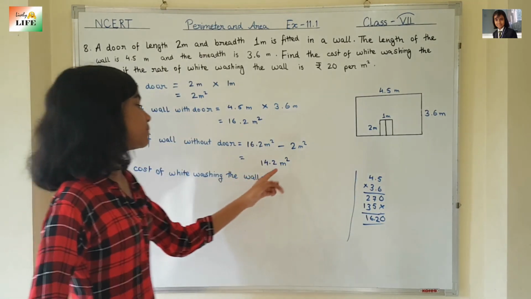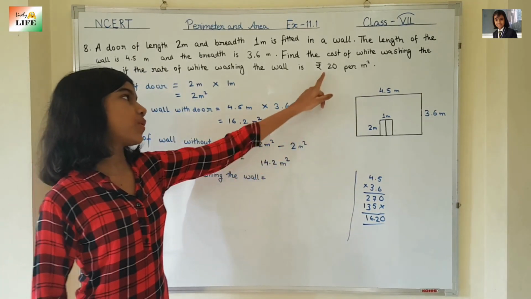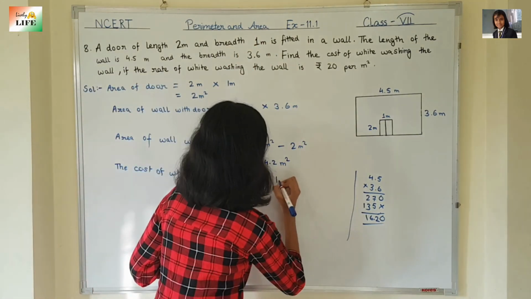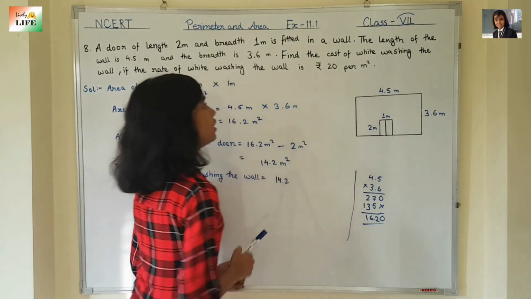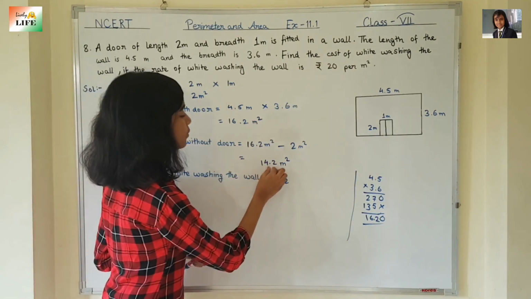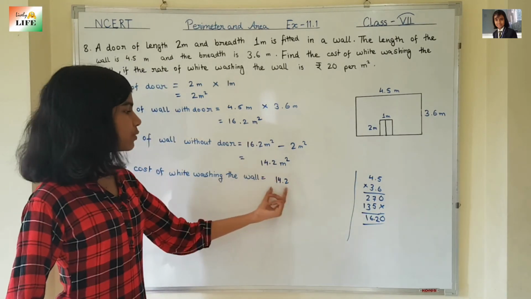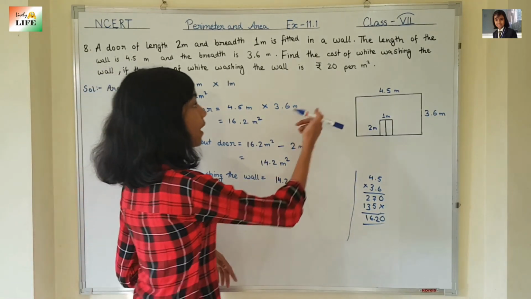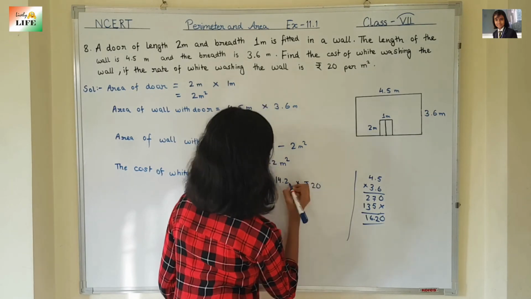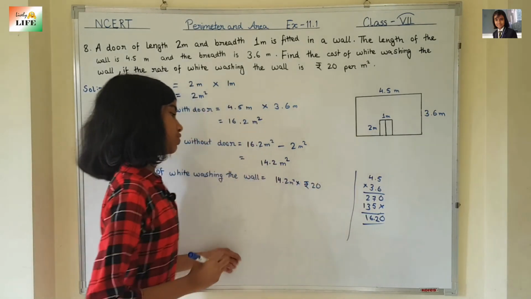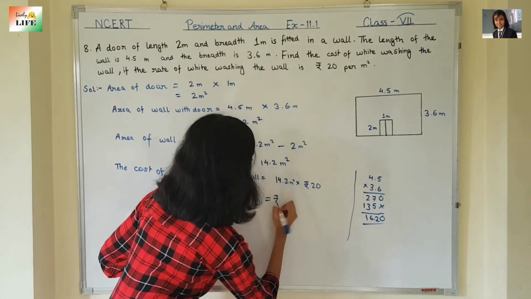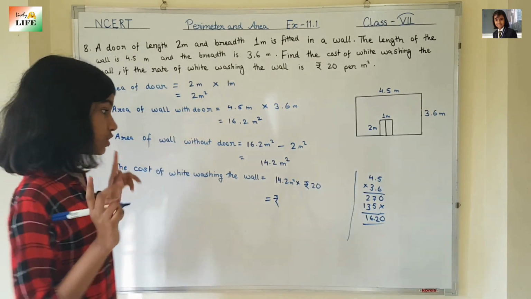We are going to multiply 14.2 meters square into rupees 20. Okay, because 1 meter square is rupees 20, right? If we need to find out 14.2 meter square's rate, then we are going to multiply 14.2 meter square into rupees 20. So rupees, what will be 14.2 into 20?